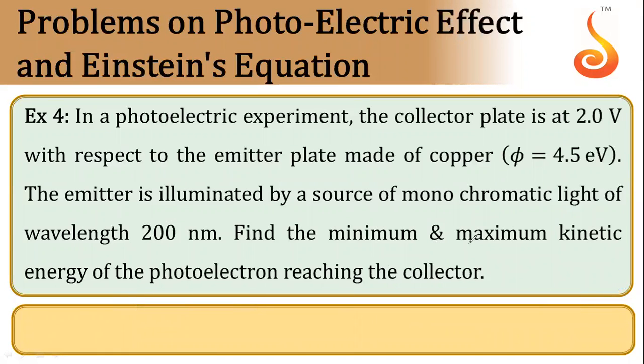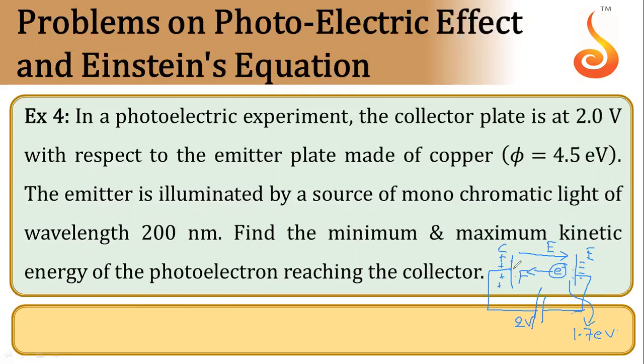But according to our given configuration, this was emitter plate, this was collector plate, and this was at higher potential. So this will be your positive plate, this will be negative plate, and direction of electric field will be like this. So if an electron comes out, force on an electron will be along this direction. So actually it will start accelerating from here to here. When it just came out, its maximum kinetic energy was 1.7 electron volt, and this battery is also 2 volt.